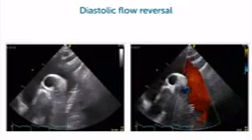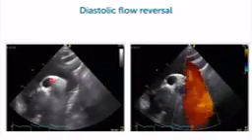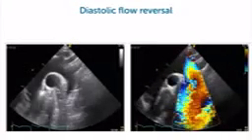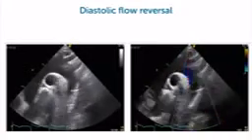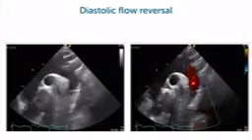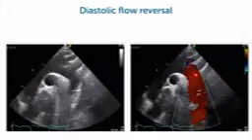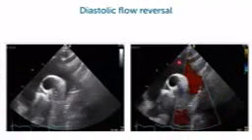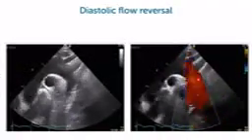So the round structure in the middle is the right pulmonary artery, and when we move to color Doppler, we can see that we have an accelerating flow during systole, which is the blood which goes antegrade. And what you have to focus on is the red flow which goes back into the arch, because this is the regurgitant jet. So it reflects also in the descending aorta.